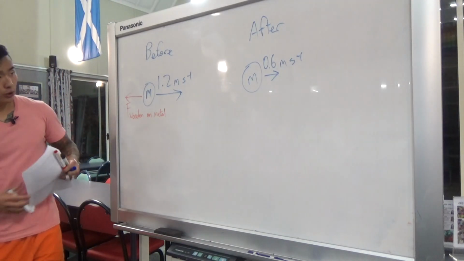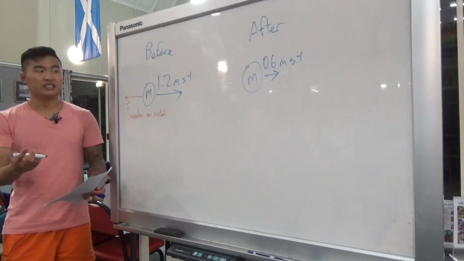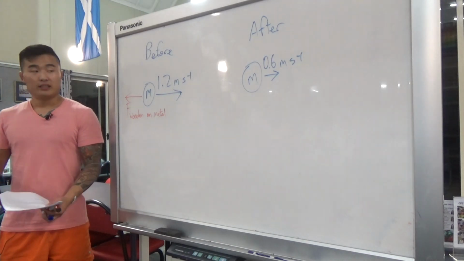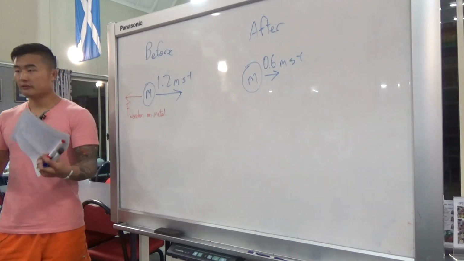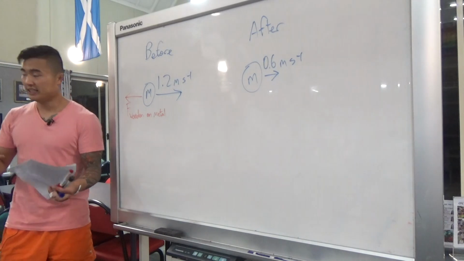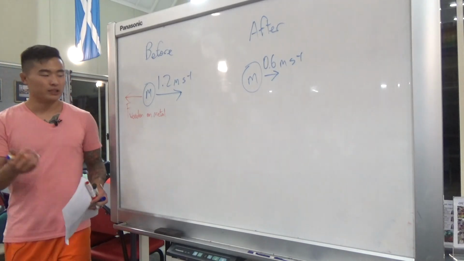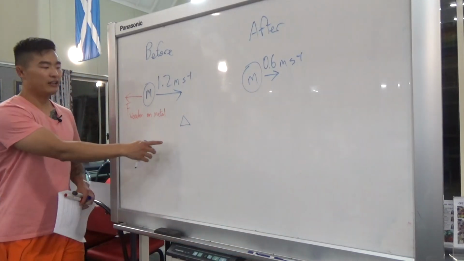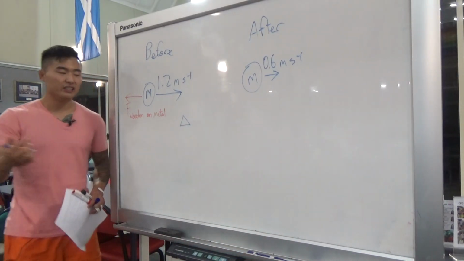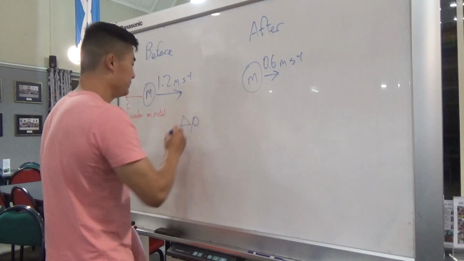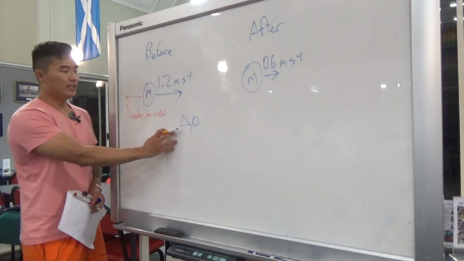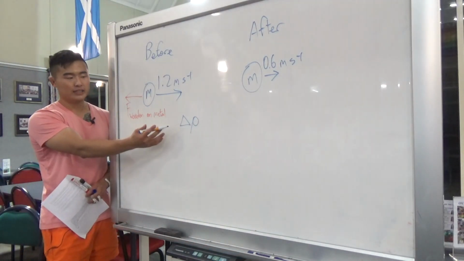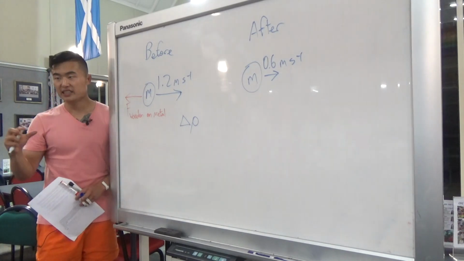And so if you have a reduction in its velocity, what you also have is a reduction in momentum. So there has been a change in momentum. This sign here, delta, our triangle, means change. And for a change in momentum, there's another word, and it's impulse.